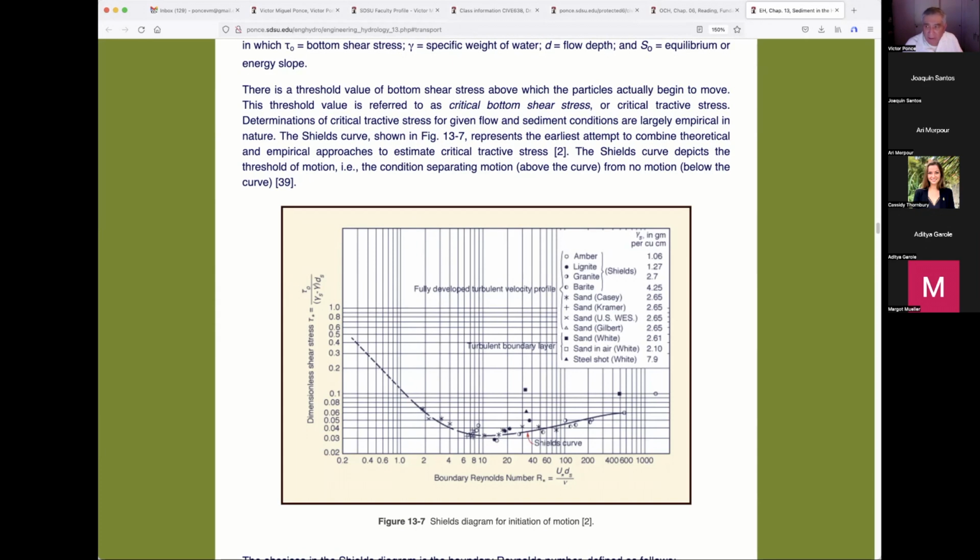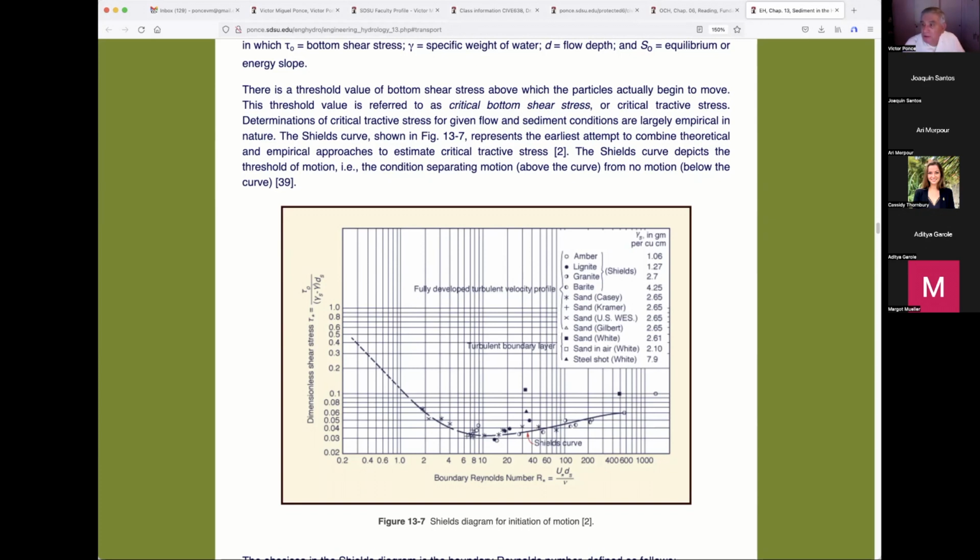And he wrote a doctoral thesis and developed this curve that became the curve to use. 1936, and today is 2022. So this chart is exactly 86 years old, and it has not been superseded. Isn't that amazing?